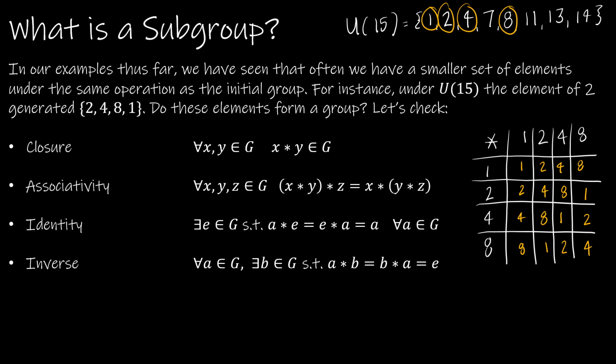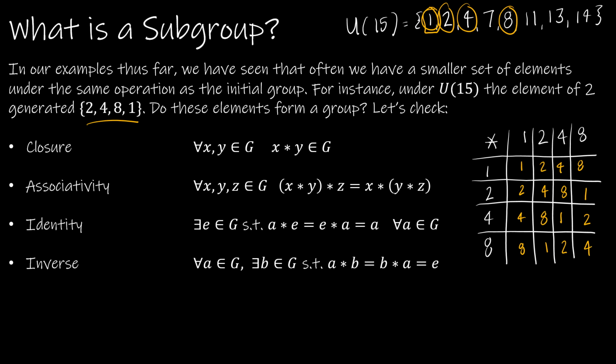So closure is satisfied. Associativity, this is multiplication. Modular multiplication is associative, so I don't have to do a lot of work to check that, except to say that it's associative because multiplication is associative. The identity, is there an identity in the group? Well, the identity of U15 is 1, and the identity of my subgroup, still 1. 1 is in the subgroup.